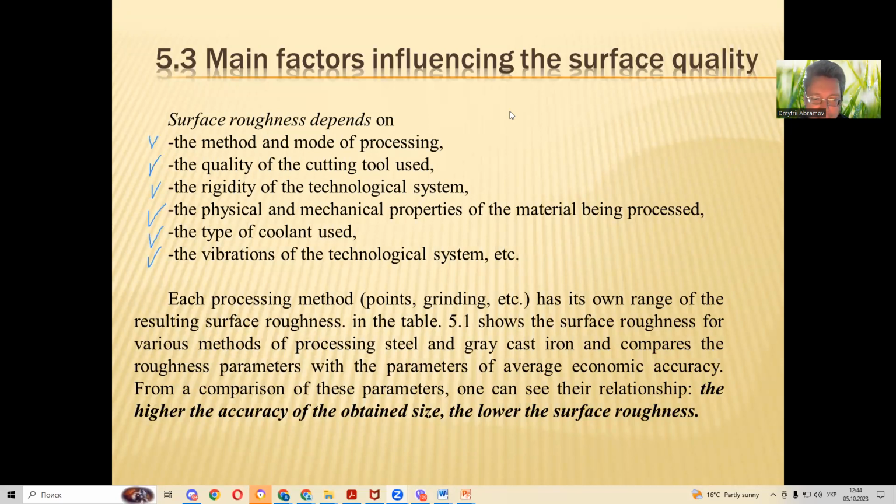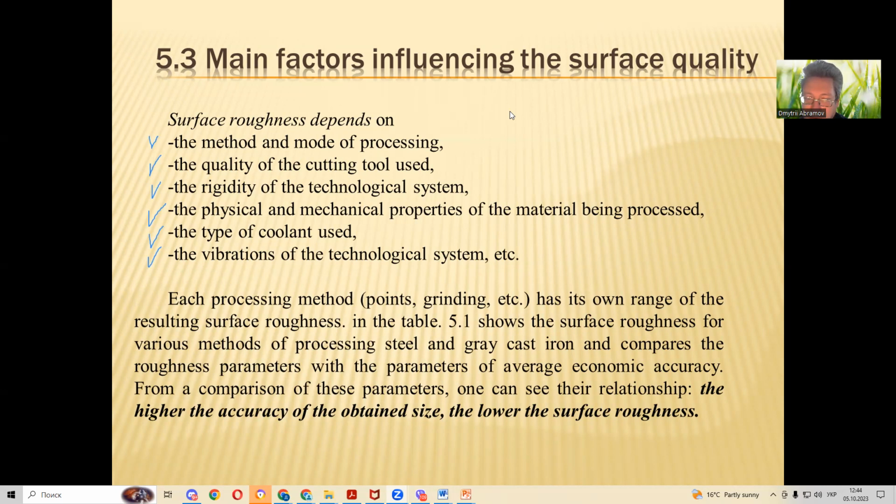Each processing method, turning, grinding, etc., has its own range of the resultant surface roughness. Table 5.1 shows the surface roughness for various methods of processing steel and gray cast iron, and compares the roughness parameters with the parameters of average economic accuracy.